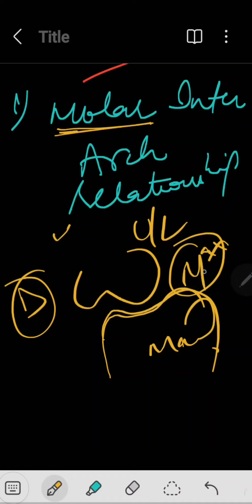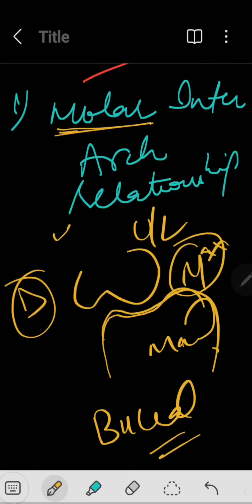So this is the maxillary side. The side which we have been describing here is the buccal side only. We are looking at the occlusion from the buccal surface.